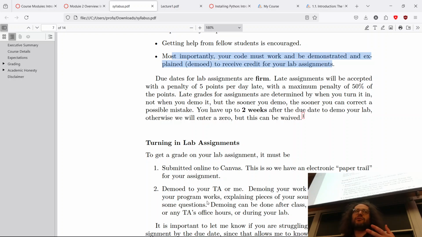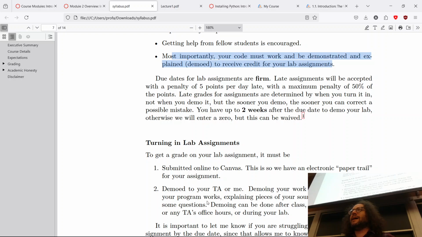This helps make sure that you didn't plagiarize it or get the homework sent to you from a friend, which is plagiarism, or use ChatGPT or something to give you an answer, right? Just to make sure you understand it, okay? If you can't explain it, we essentially just tell you to go away until you can explain it.